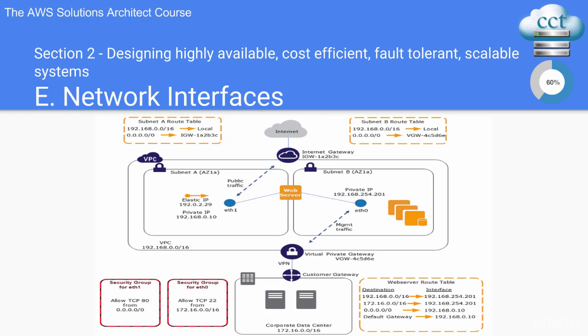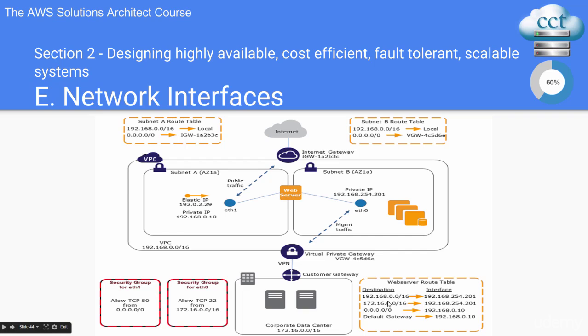And this is a picture to show you how all the parts that we just talked about, VPCs, subnets, routing tables, and elastic network interfaces, all interrelate. Try and understand this diagram. You can see there's two different network interfaces.